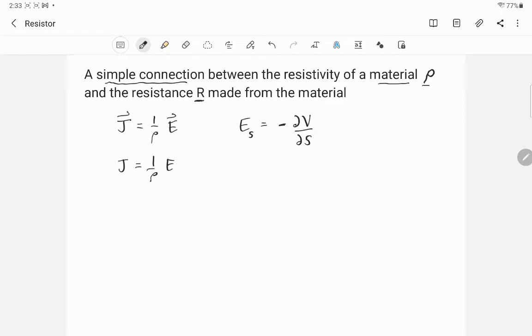Another thing is I'm going to make something of an approximation here. I'm going to say that the reason why we have an electric field in a certain direction, direction S, is because there is a potential difference over a distance S. And so this is an approximation, honestly.